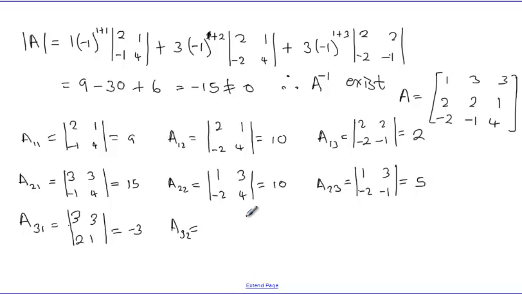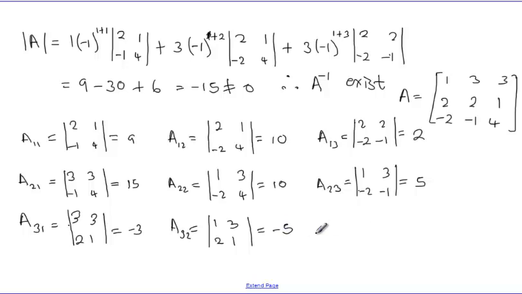Yes, Eddie, can you give us the entries here? 1, 3, 2, 1. Is that correct, guys? 1, 3, 2, 1. Then this is 1 minus 6, minus 5.